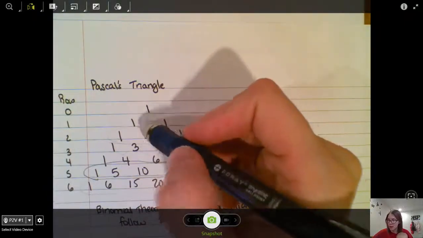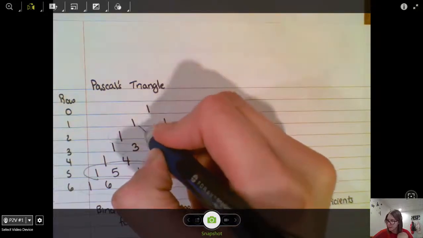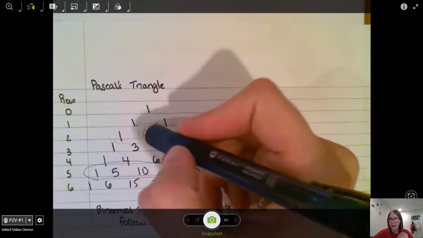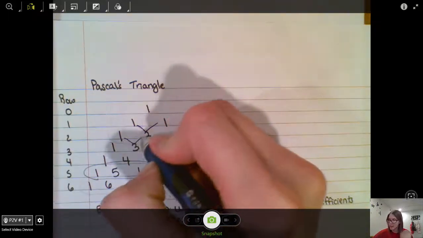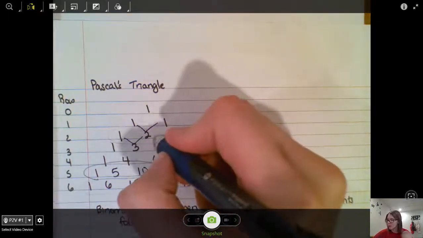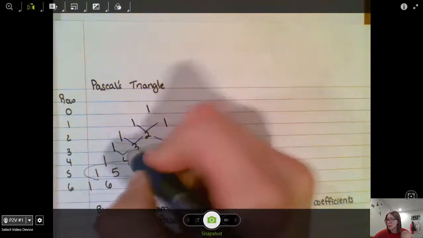And then once we get to here, add these together, we get the next number. Add these together, we get our next number. Add your numbers that are side by side and you get the number below it in Pascal's triangle.